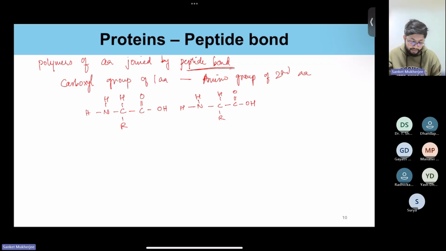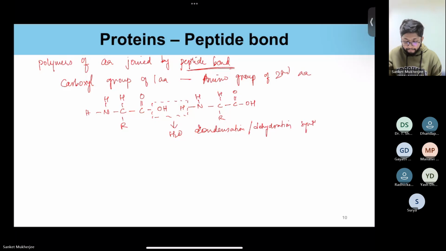So between the carboxyl group of one amino acid and the amino group here, there is a condensation reaction. Water is removed. Condensation reaction or dehydration synthesis. So this is replaced by a single bond, essentially, and water is removed in the process.